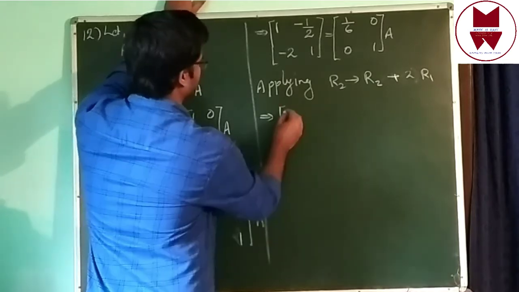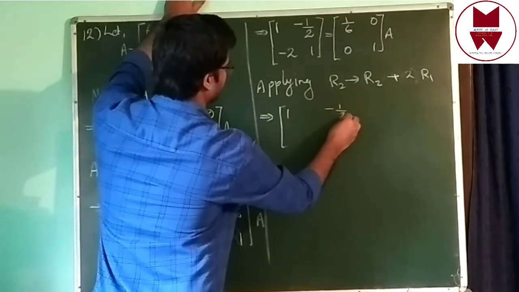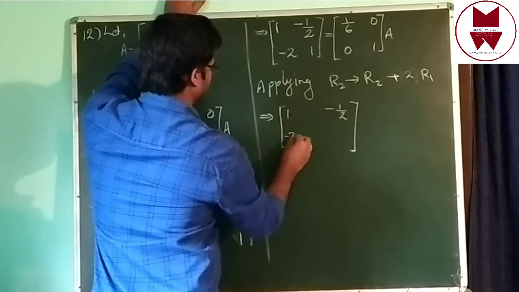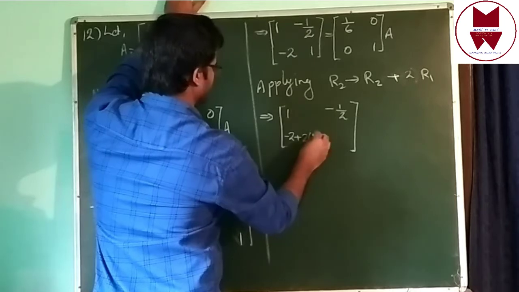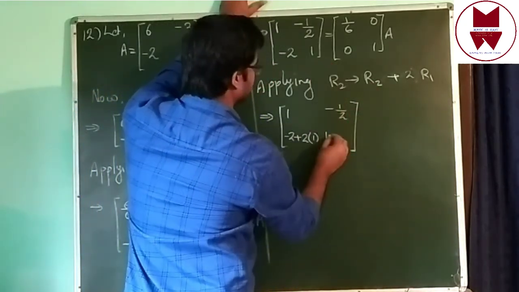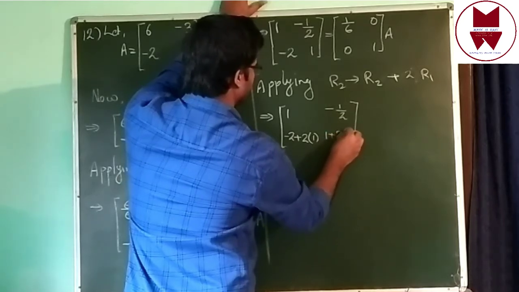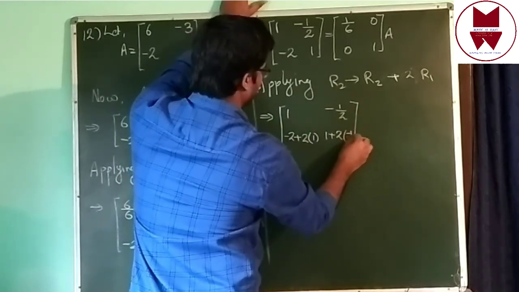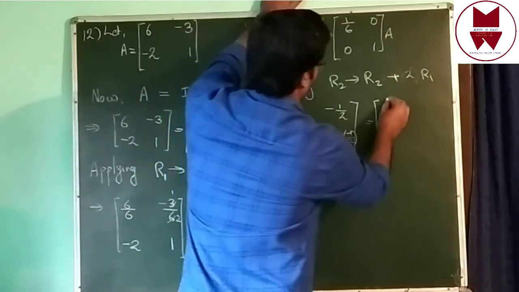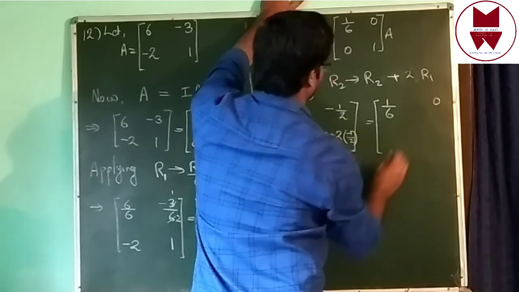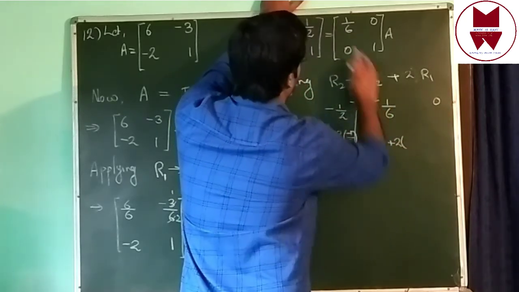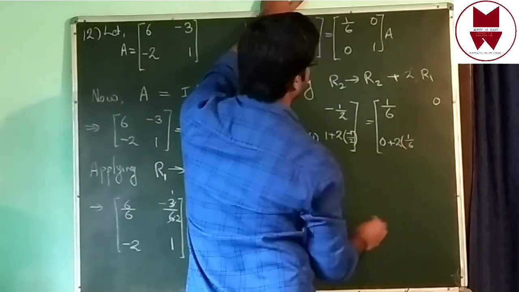First one I need to change 1, minus 1 by 2. For second row R2 is minus 2 plus 2 into R1 is 1. Then here also R2 is 1 plus 2 into minus 1 by 2 equal to 1 by 6 0. R2 is 0 in here, 0 plus 2 into R1 is 1 by 6.